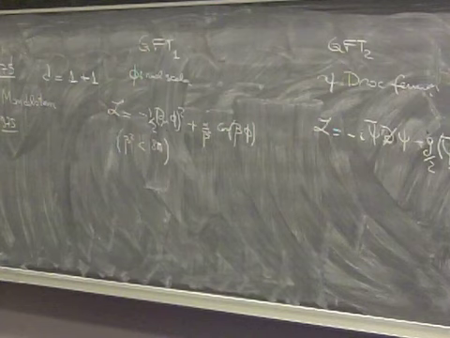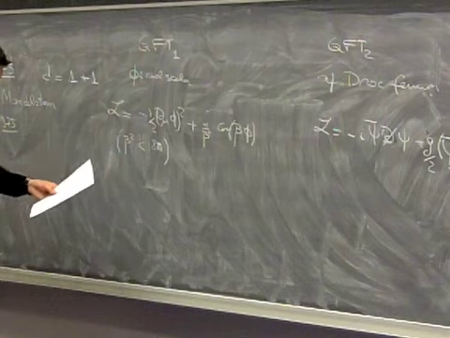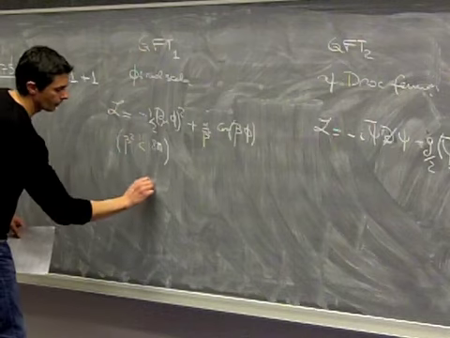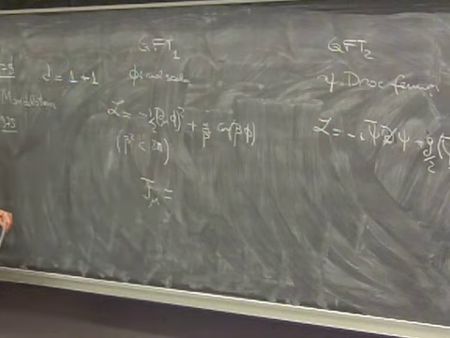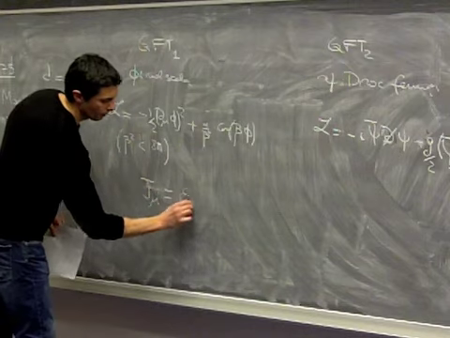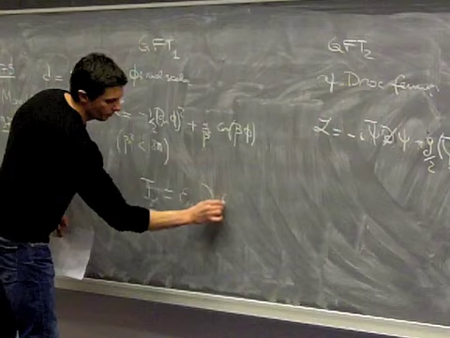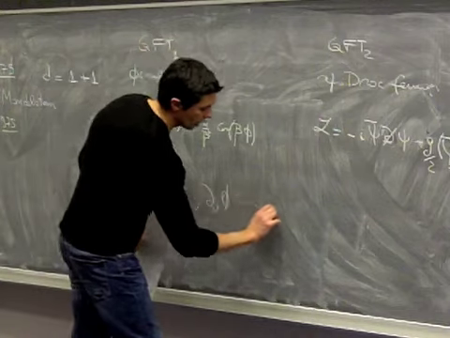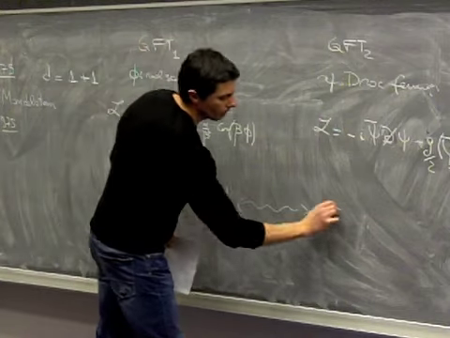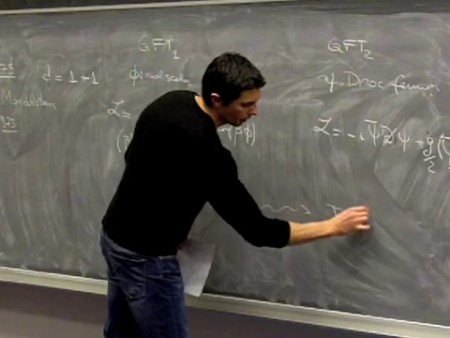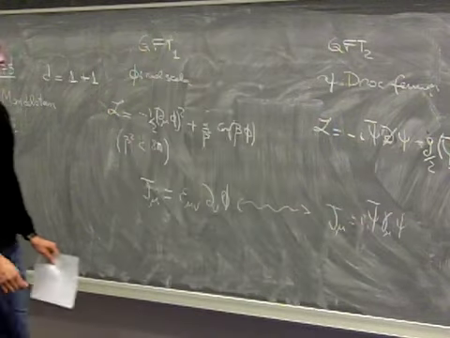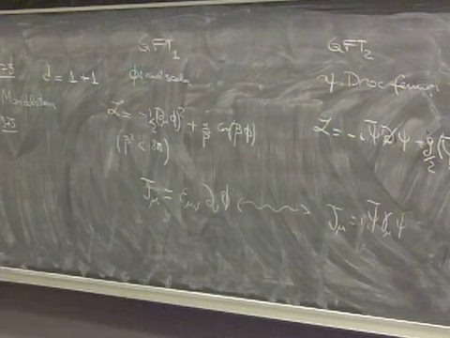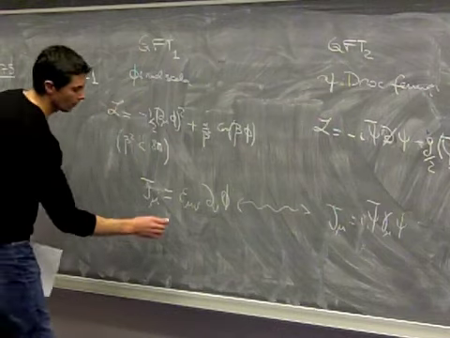But when you go over their analysis, they will show for you things like the following. You can define a current here that you can associate with the current here. You can define a soliton here.